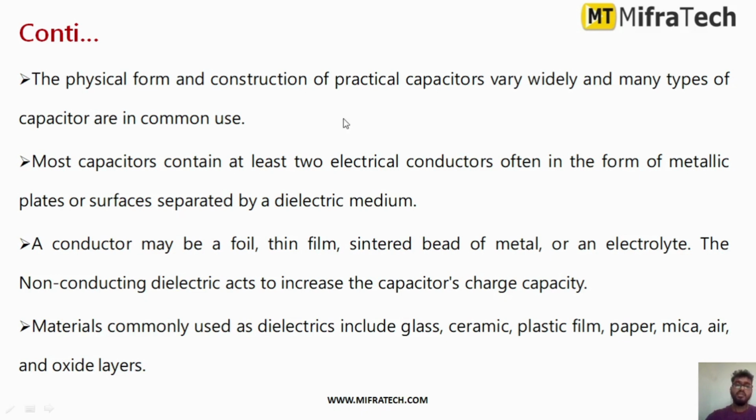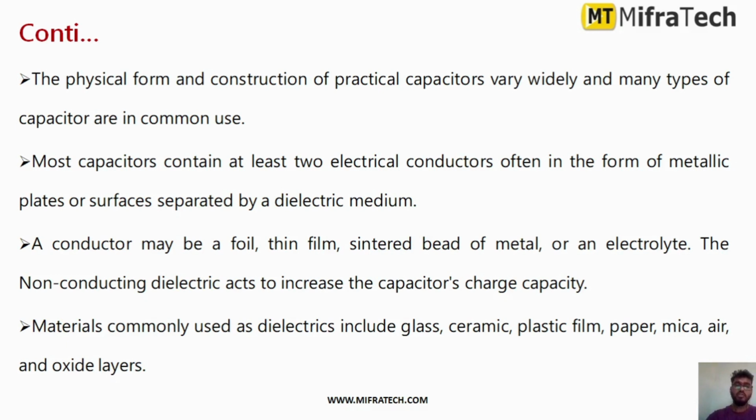A conductor may be a foil or a thin film, a sintered bead of metal, or an electrolyte. We can use different types of non-conducting dielectric materials in order to manufacture these capacitors. These are mainly used in order to increase the capacitor's charge capacity. So in order to increase the charging capacity of those capacitors, we make use of these dielectric materials.